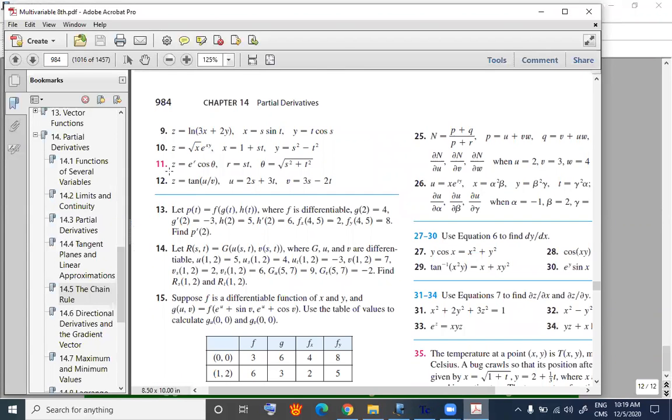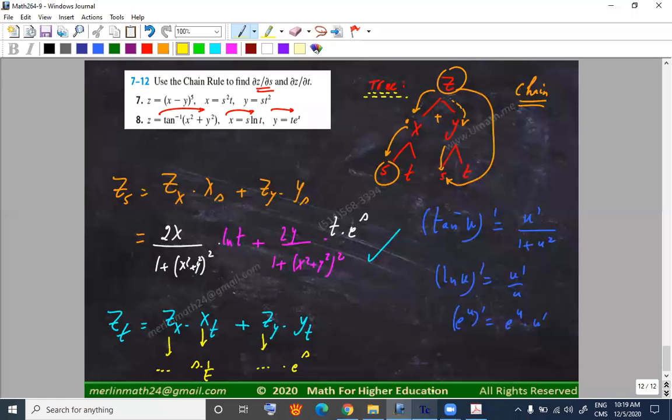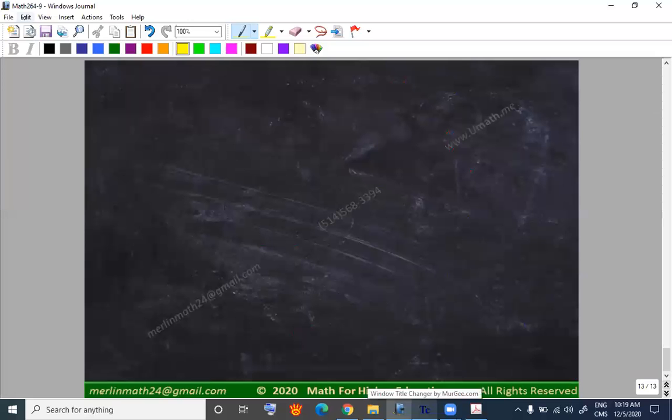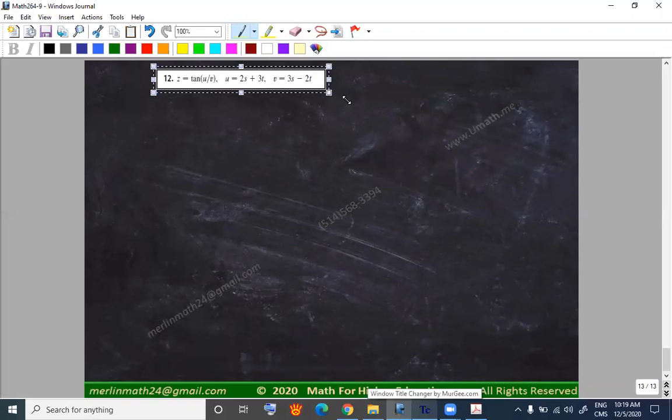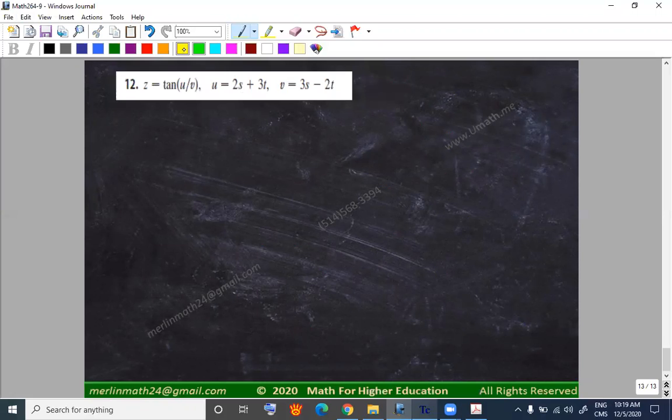We have more letters here, or different letters. z_s, z_t again. So let us do the tree first. Let me make it clear. The question is to find z_s and z_t. So we build the tree.